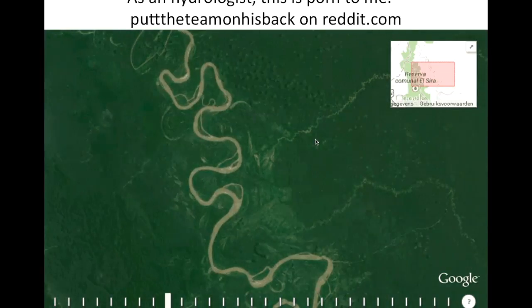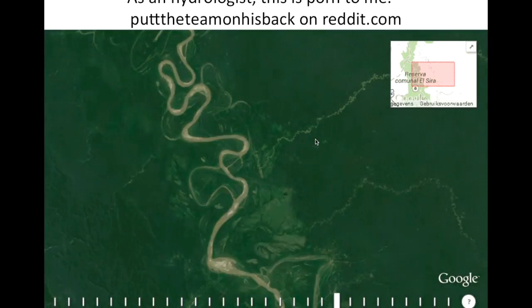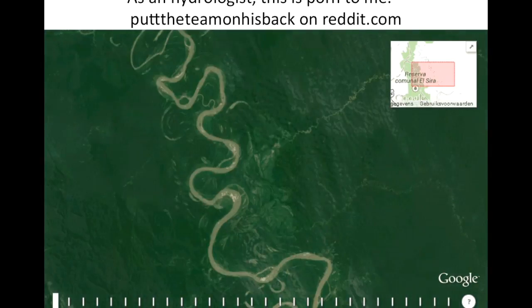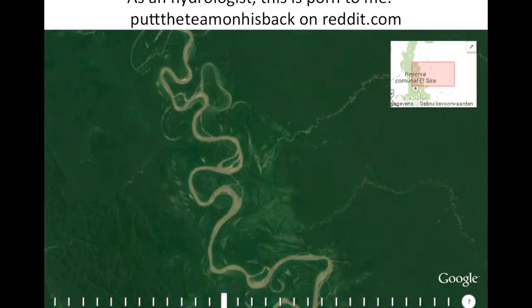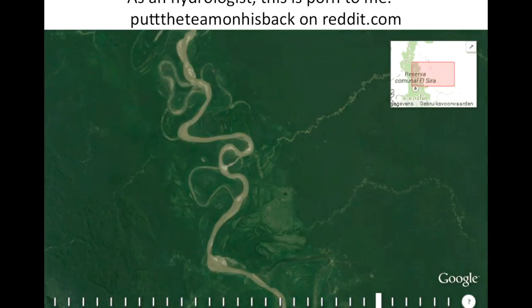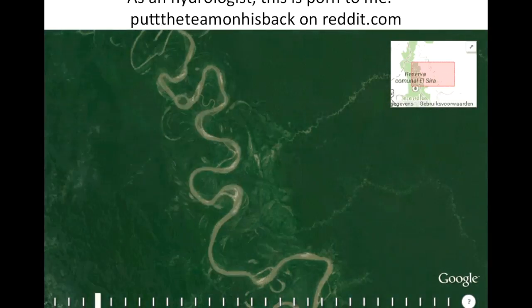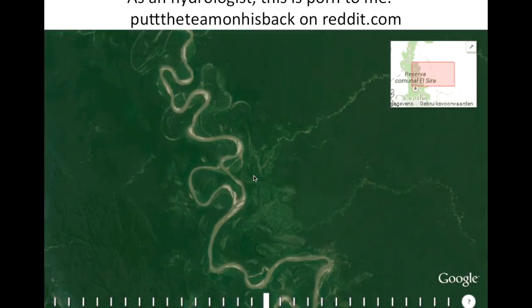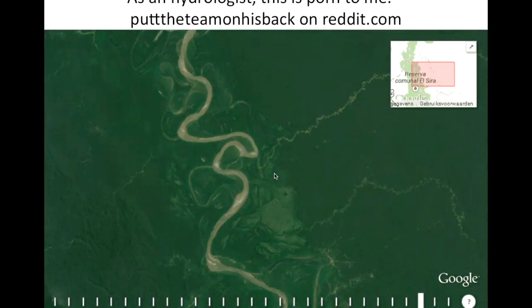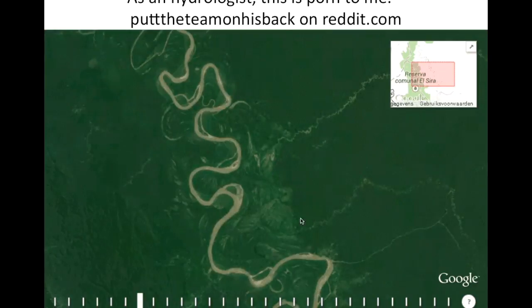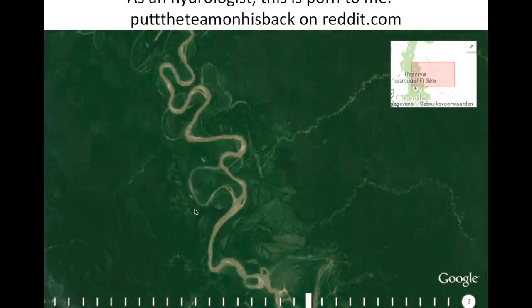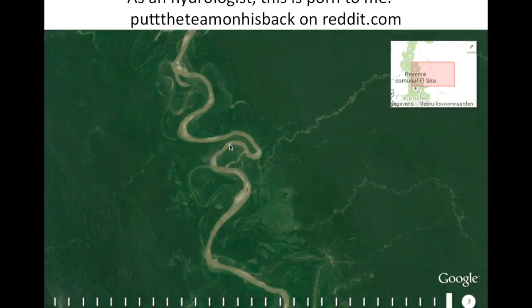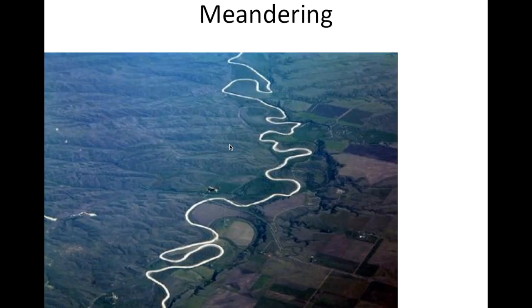And the quote, 'as a hydrologist, this is porn to me,' was put on Reddit with this picture where I found it, and I thought that this was a beautiful quote because, yeah, I can not look at this for hours, but I can look at this for a long time, and this behavior of rivers obviously has an influence on the landscape.